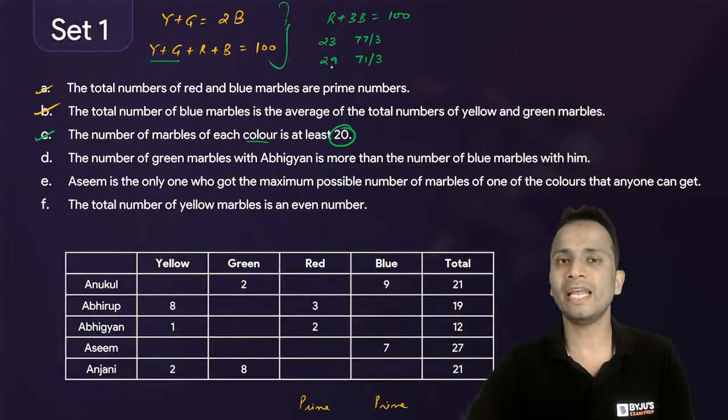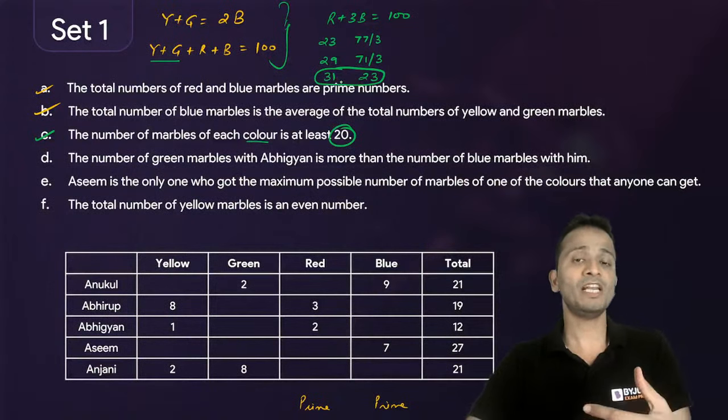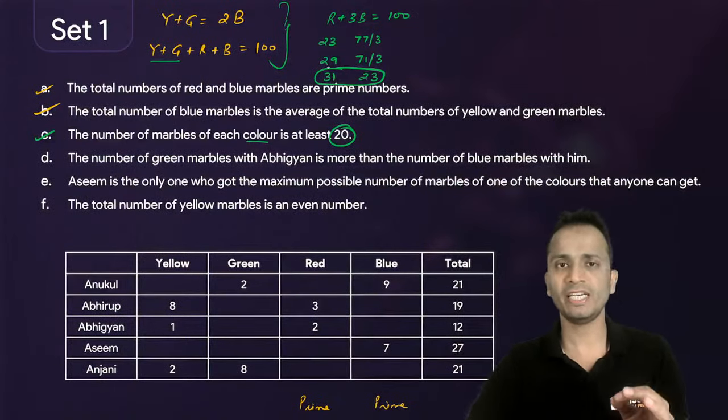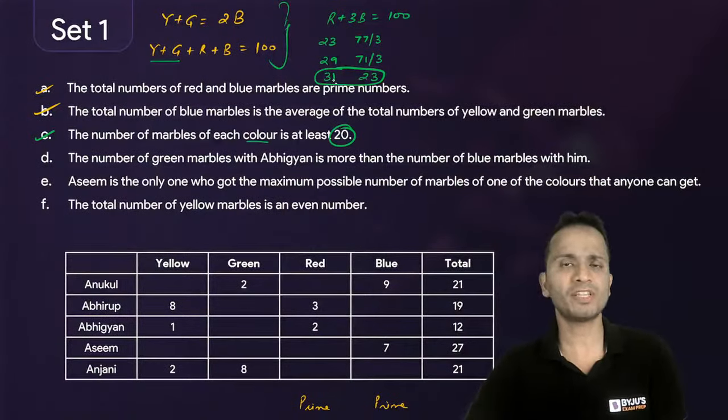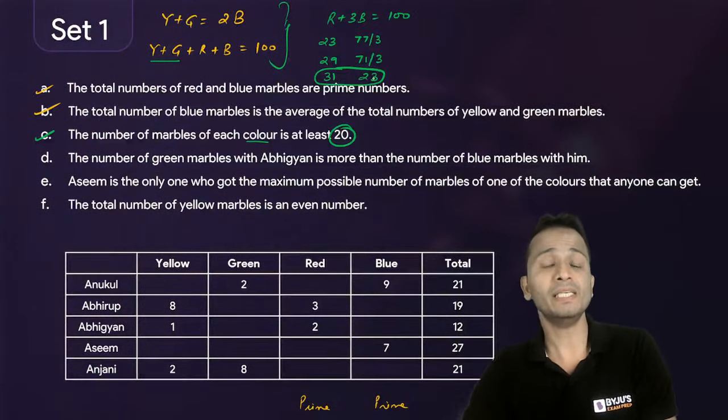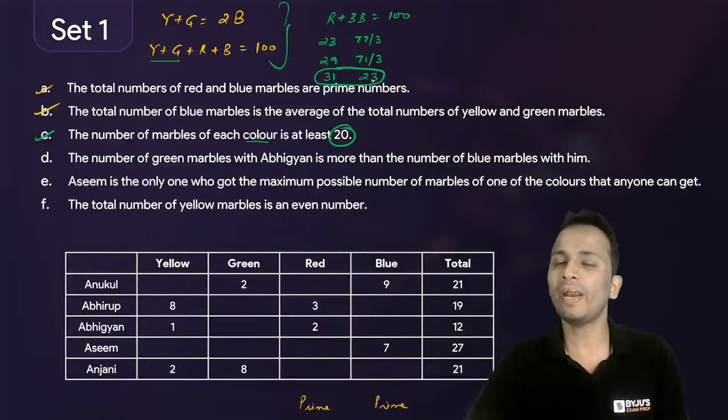Now I'll go for the next higher value of red, another prime number. So 31 is the next prime number. So if R is 31, the value of B will be 100 minus 31, that is 69 upon 3, which is 23. So 31 and 23 both are prime numbers, right? If I take any prime number above 31, the value of B will be below 20.